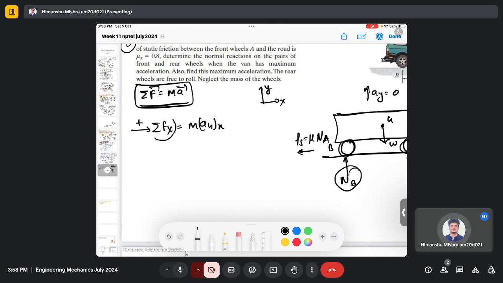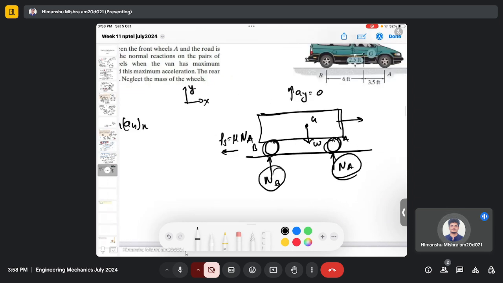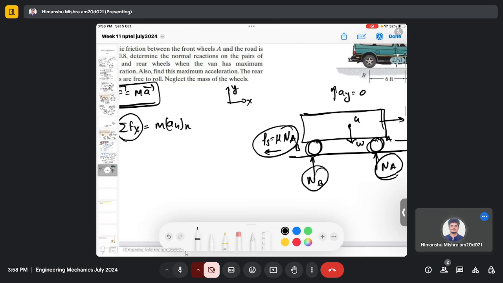Now the summation of horizontal force is due to the friction force as well as the force Fa here.